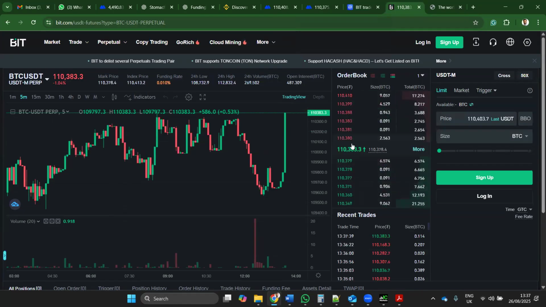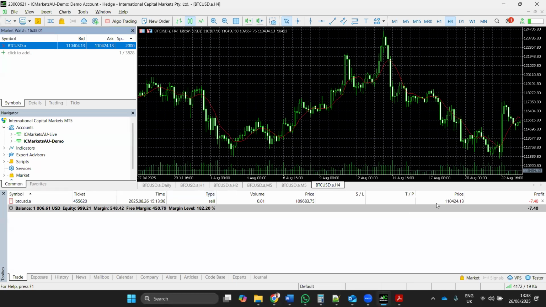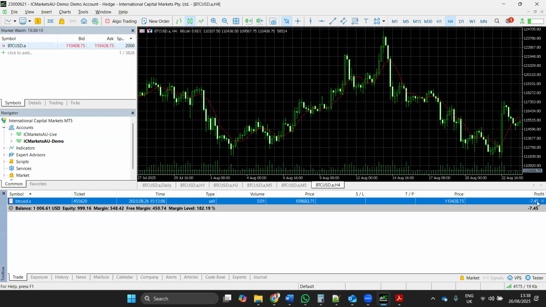So this exchange has its own order book. It has nothing to do with MEXC, Binance, or any other exchange. That's their own, and whatever trade you're seeing here, they have their own order book. They have nothing to do with the others.